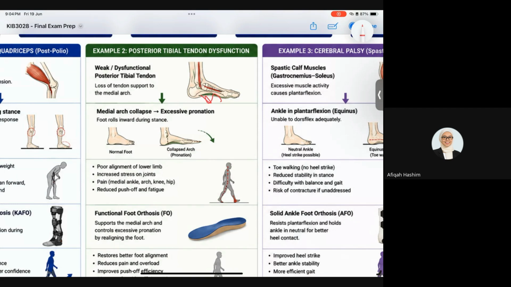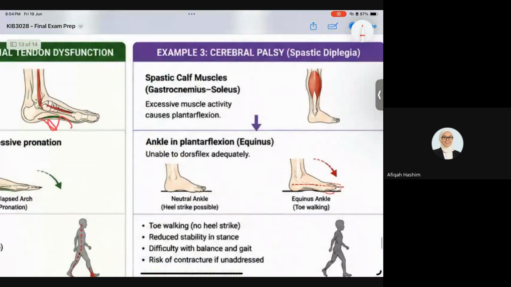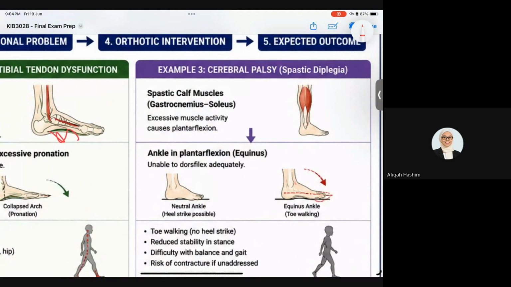And then we have the last example, cerebral palsy. Now look at our third patient. The problem is not weakness, it's spasticity. So the gastrocnemius and soleus muscles are overactive.